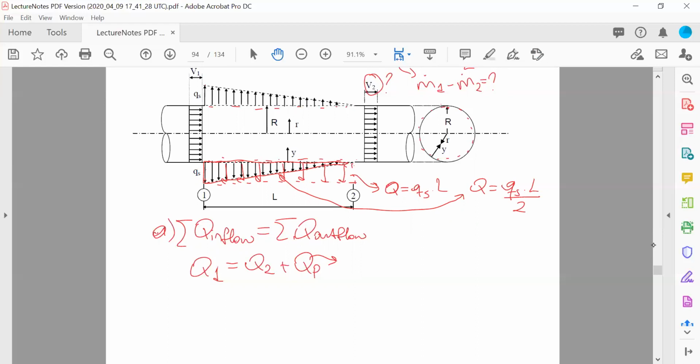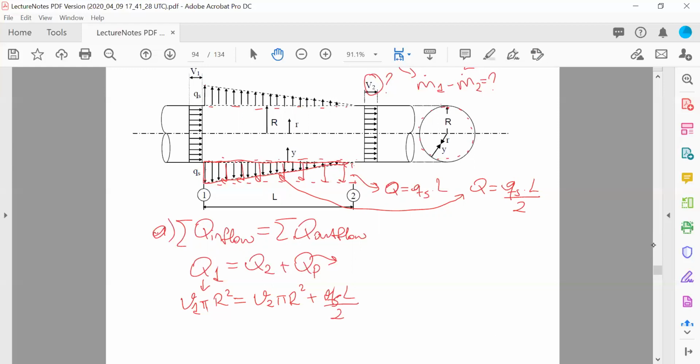For section 1, we have constant velocity, so that it will be V1 pi r square equals V2 pi r square plus Qs L over 2.